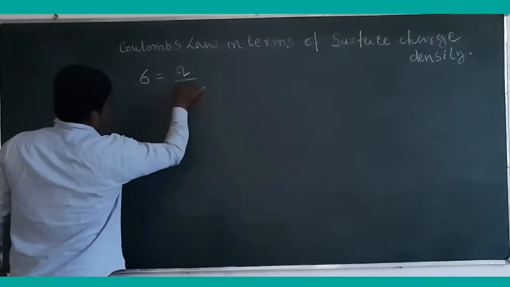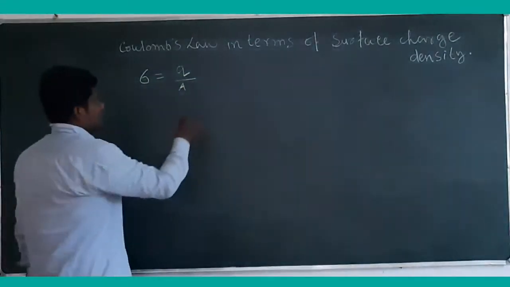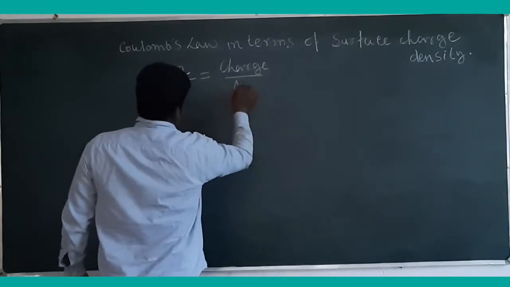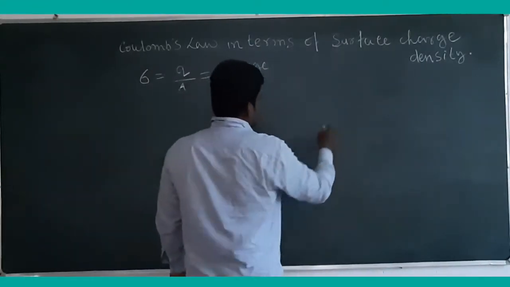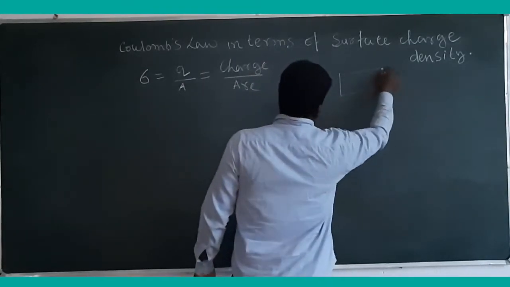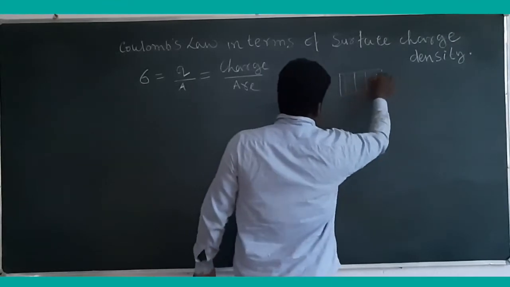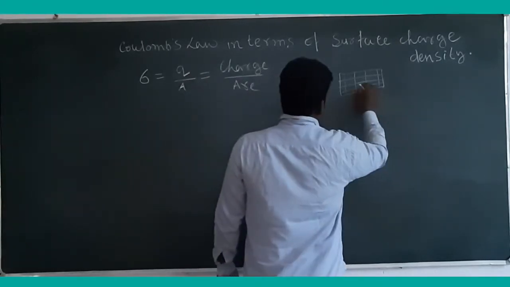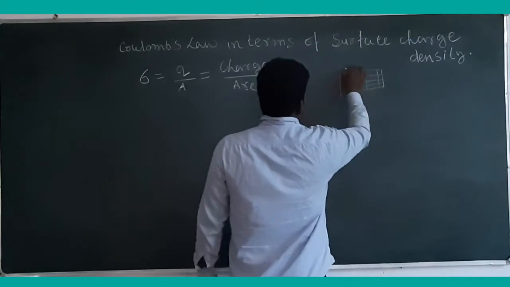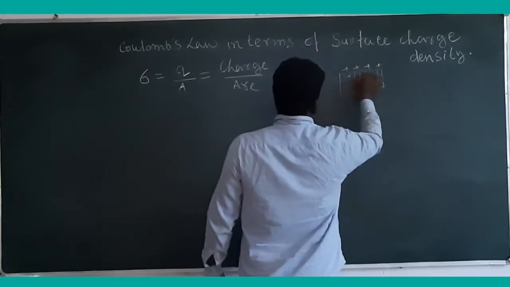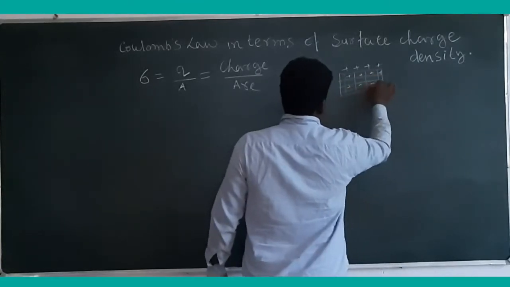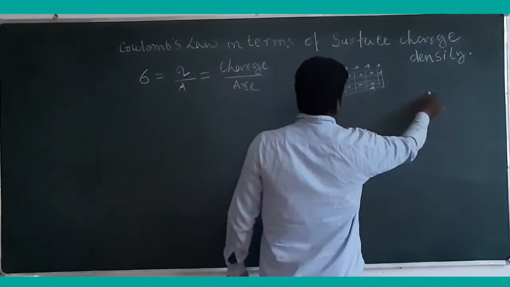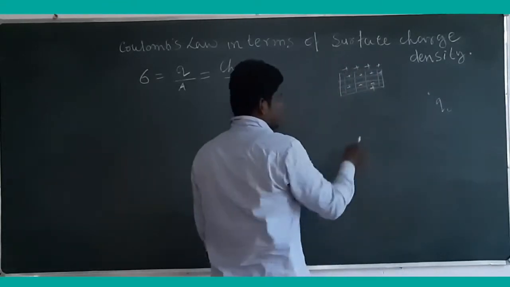by capital A. That is charge over area. Now, if we consider a surface like this, and there is positive charge on the surface like this, now consider there is a test charge Q0 placed at this portion.